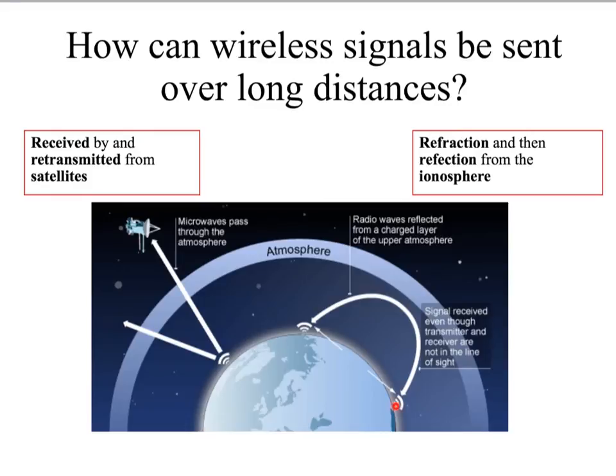So the radio wave is actually refracting, and that's why we see this curved path. This case of reflection off of the ionosphere is actually a case of total internal reflection. For exam purposes, you need only know this, that the radio waves are refracted and then reflected off of the ionosphere.